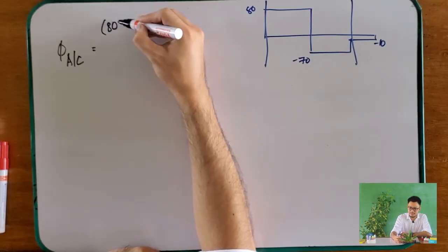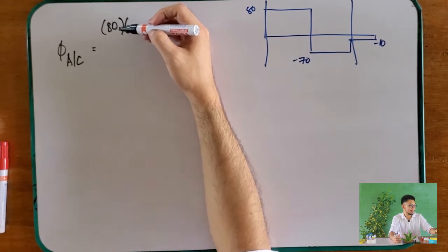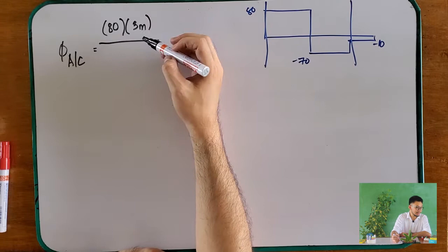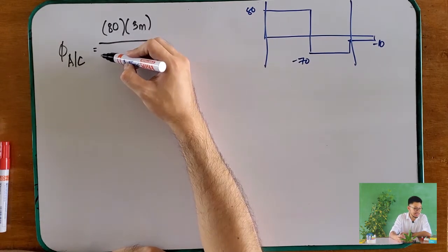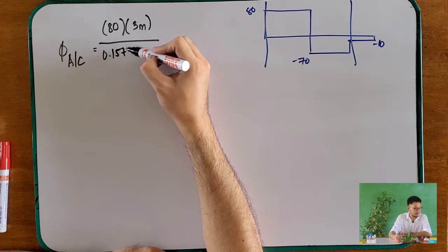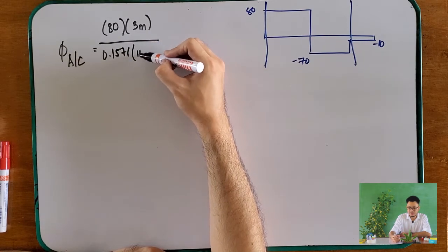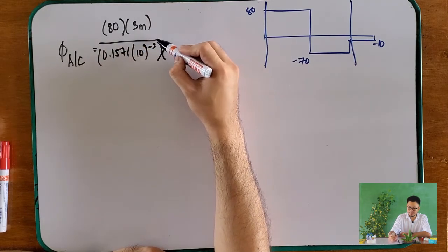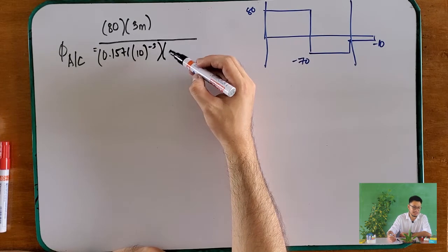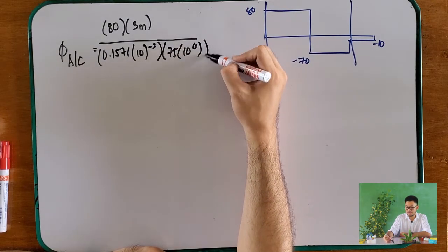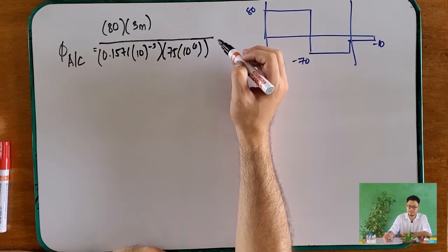Okay? So what are we going to do? This is 80 kilonewtons per meter multiplied by 3 meters over the polar moment of inertia, which we solved as 0.1571 times 10 to the negative 3. And lastly, itong modulus of rigidity, 75 times 10 to the 6 kilonewtons per meter squared.